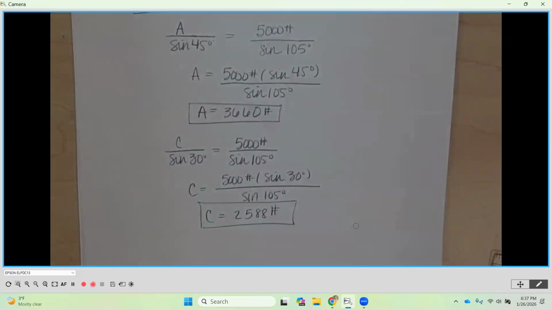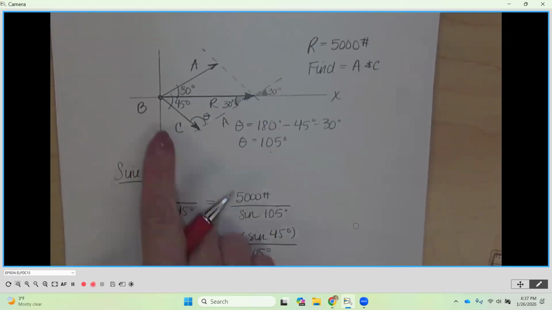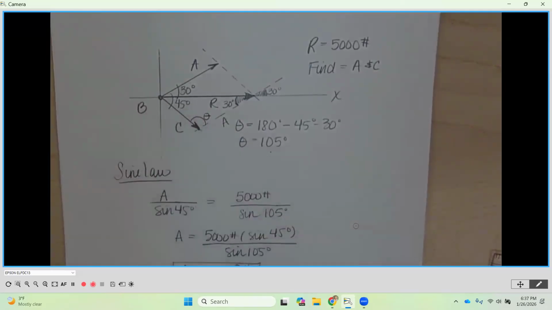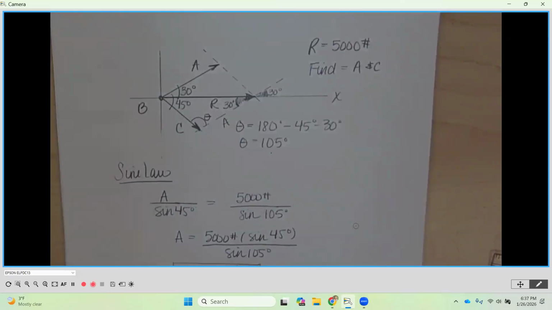So this is the magnitude of C. For its direction, you should have it going down and to the right, labeled with 45 degrees, because that finishes giving it its fully defined state.